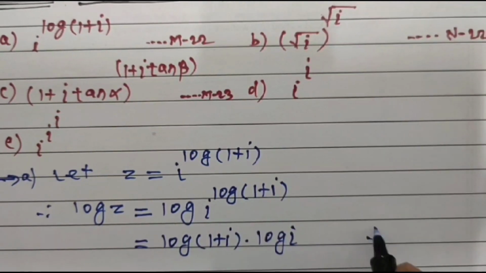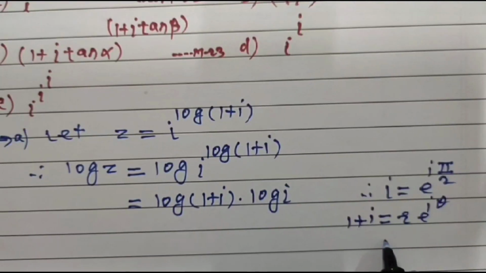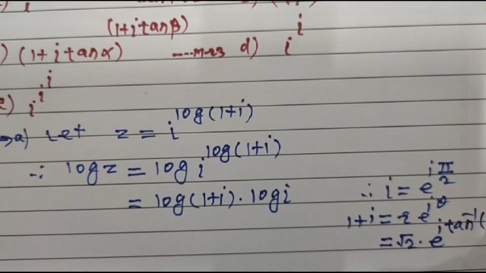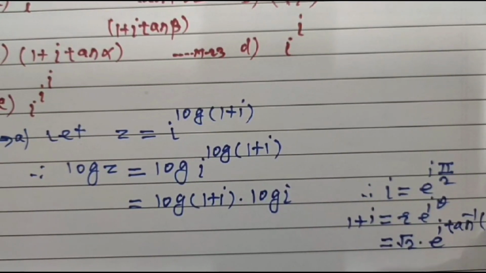But you know, i is equal to e to the power i pi by 2, the exponential form of i, and 1 plus i, its exponential form will be r e to the power i theta, where r is equal to the square root of real part square plus imaginary part square, that is root 2 into e to the power i tan inverse of imaginary part 1 divided by real part 1, that is 1 upon 1.